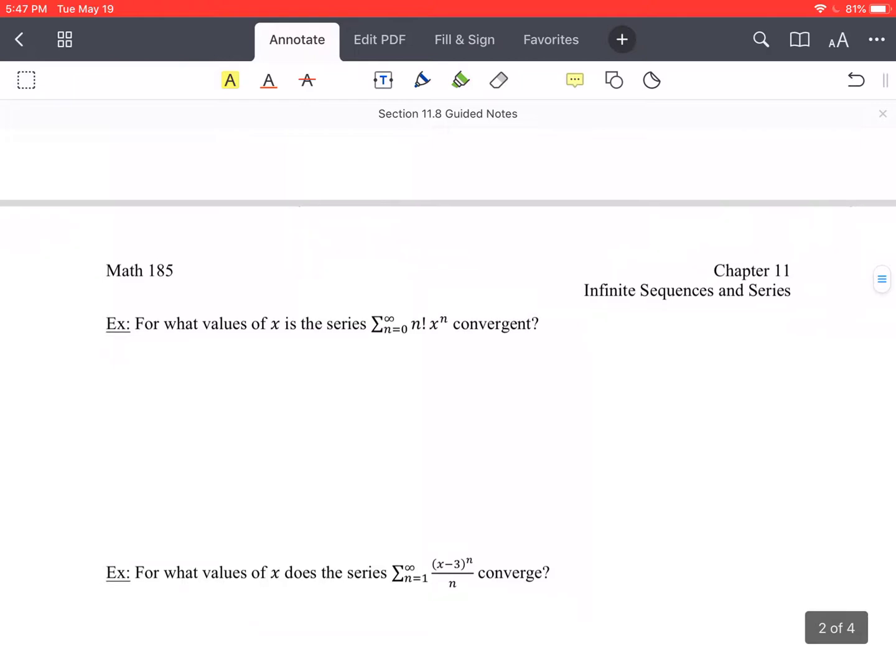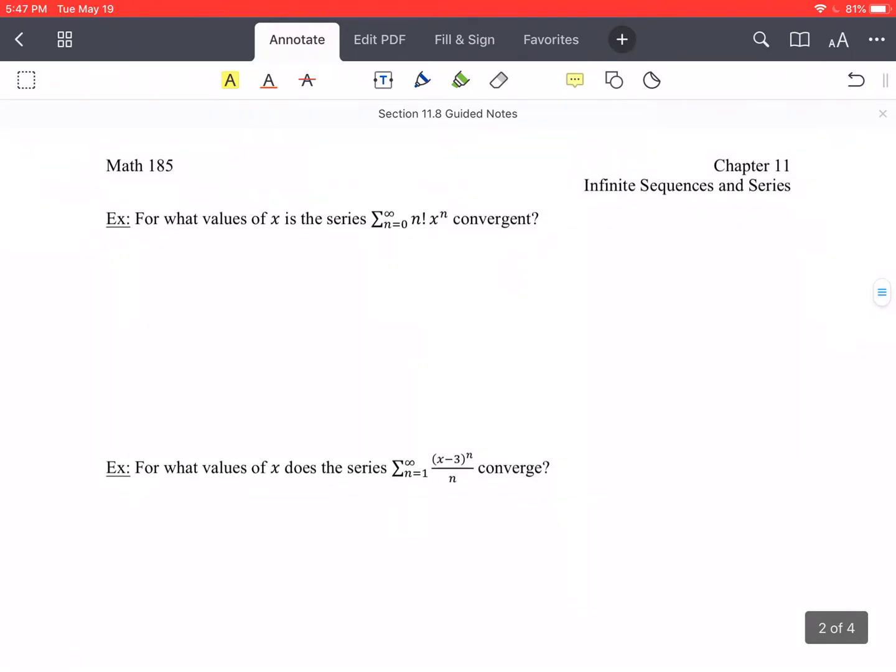So let's look at a couple examples and start tying these into our power series. For what values of x is the series sum of n factorial times x to the n convergent?